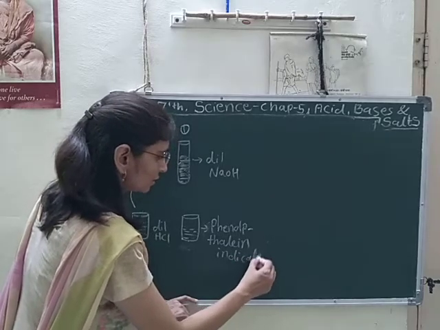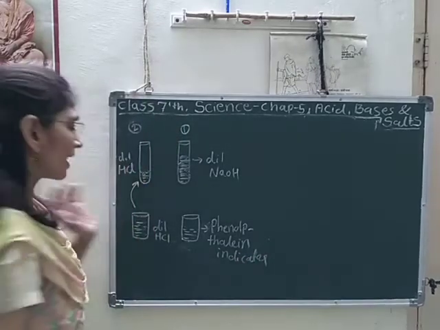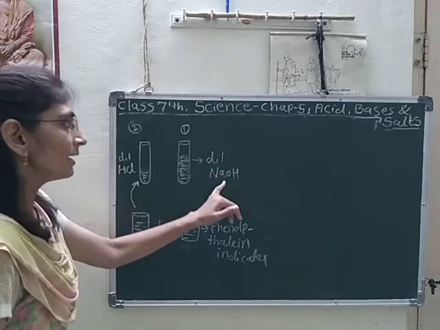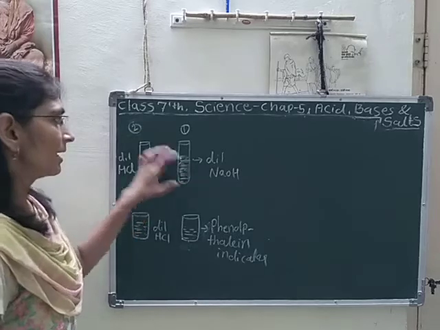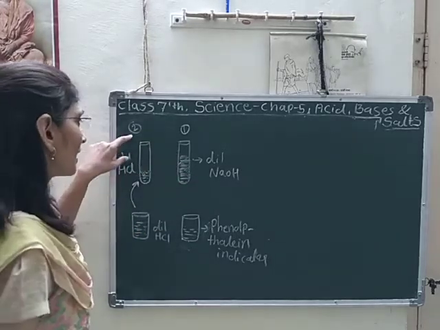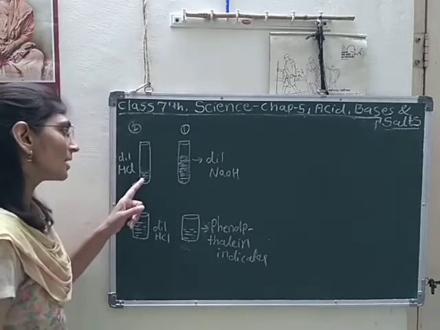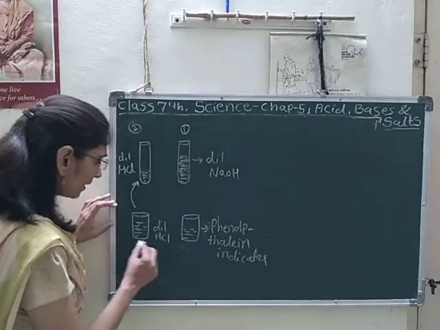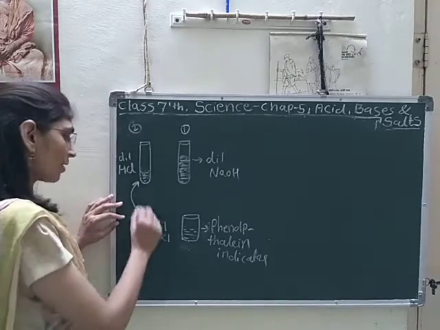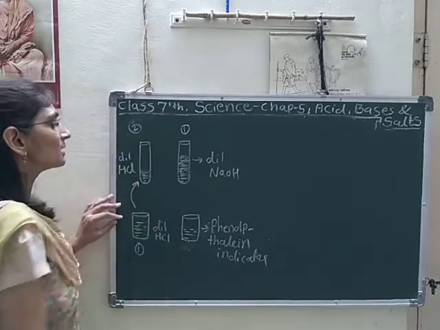So for this experiment, what have I taken? The first test tube has dilute NaOH, in excess quantity. In the second test tube, I have taken dilute HCl from beaker 1, a quarter of the test tube.